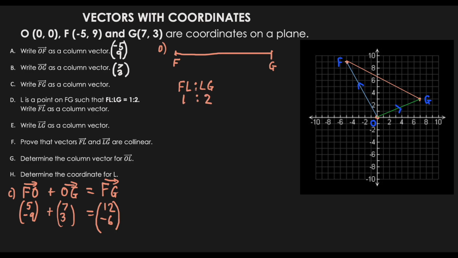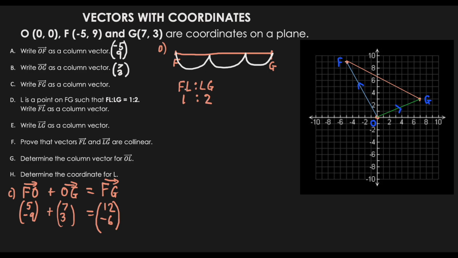So let's think of it this way. If FL takes up one portion of this line and LG takes up 2 portions of this line, together they have 3 portions. So let's put it in a sense of chairs. So let's think of these as chairs. So we have 1, 2, 3. So I got this 3 because of the 1 and the 2 here put together. So 1 plus 2 is 3. That's how I got these 3 chairs.